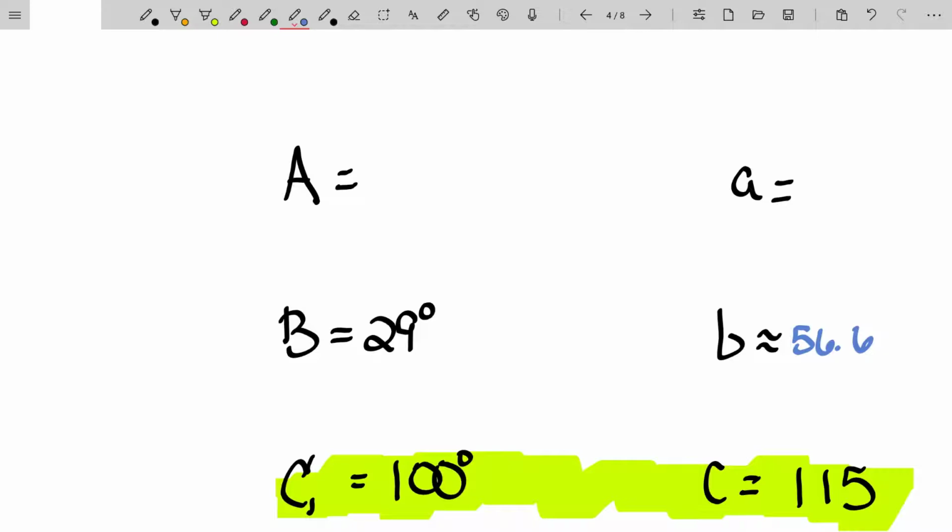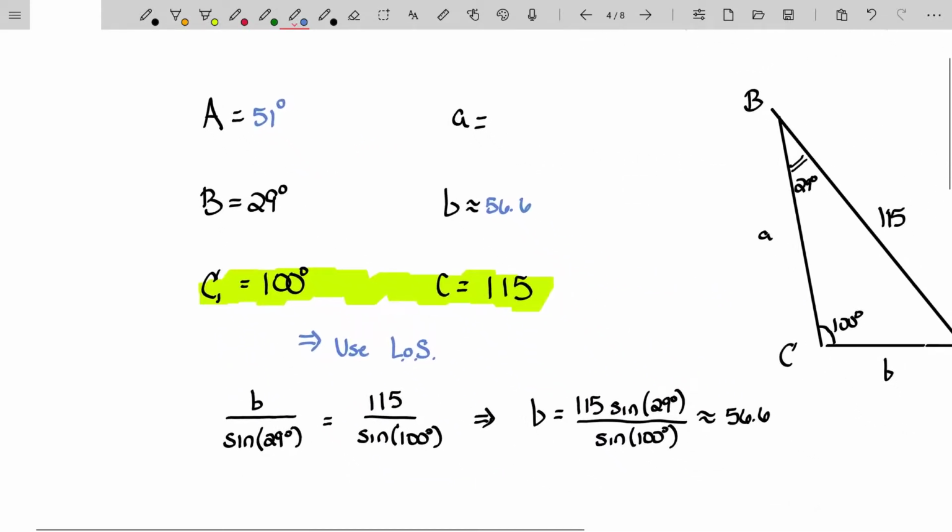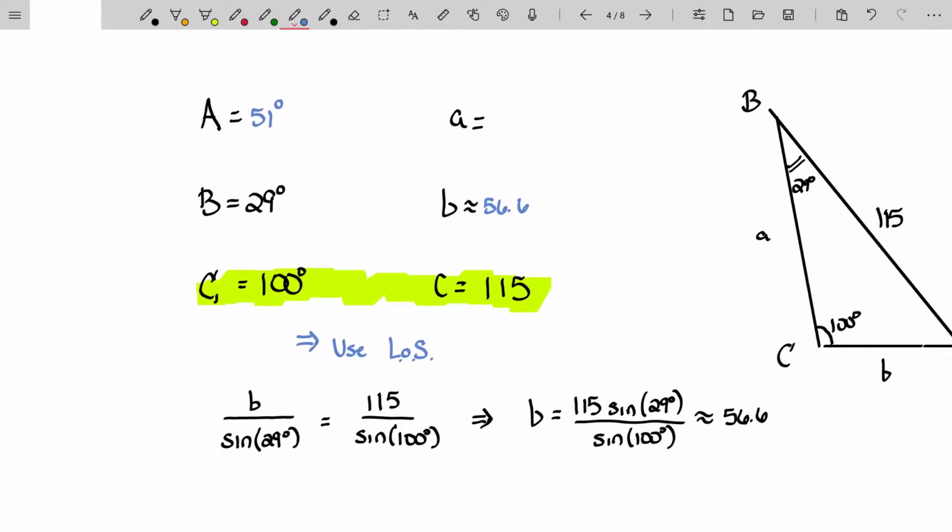So let's see, 180 degrees is what a triangle will have. 100 of it is taken there, so we only have 80 degrees left. And then here's another 29 stolen away right there. So that gets us to 51 degrees left over for this angle right here. No arguing that. And then we can use law of sines to find out what that missing side A is.